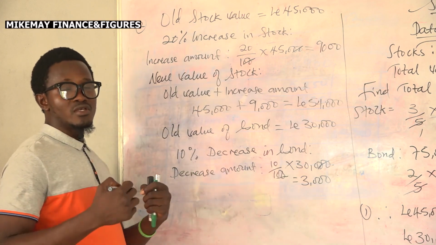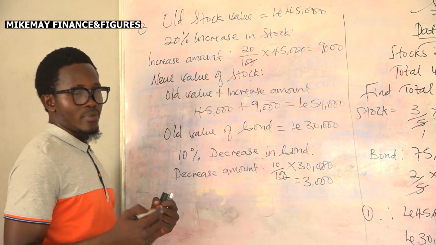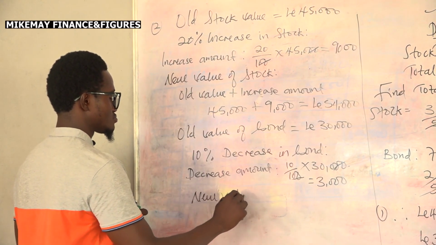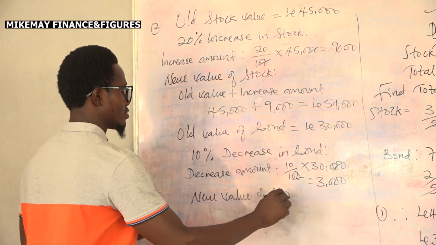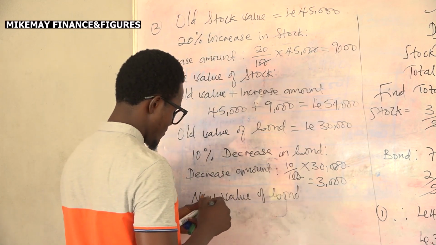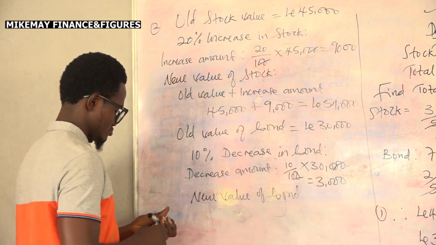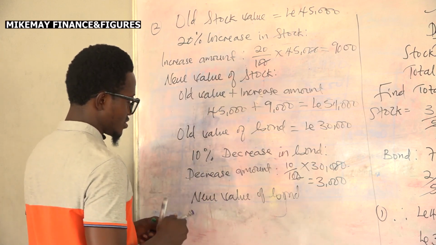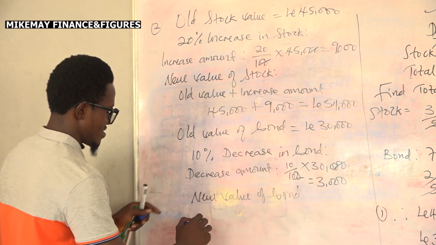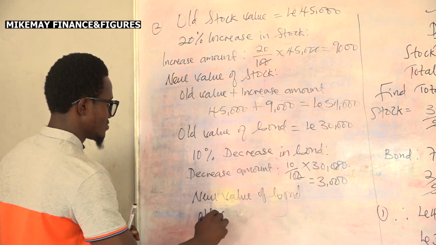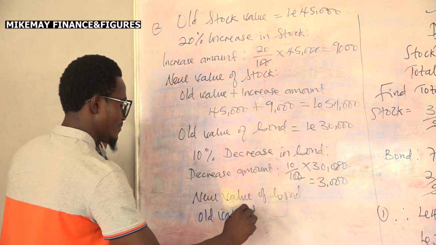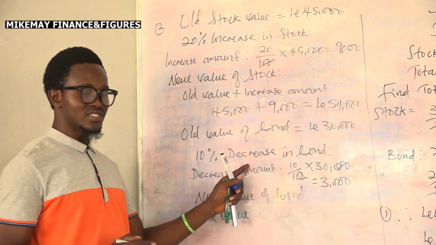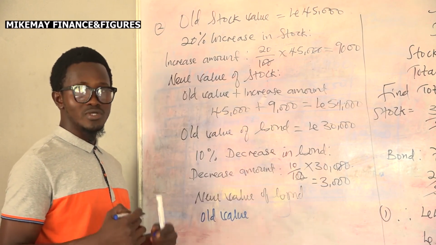But now, what is the new value of bond? The new value of bond will be the old value plus decrease. Sorry, this is a decrease. So because it is a decrease, you don't add, you subtract.